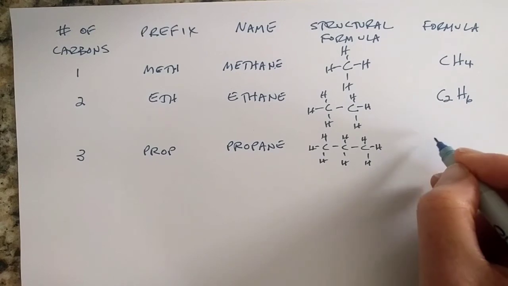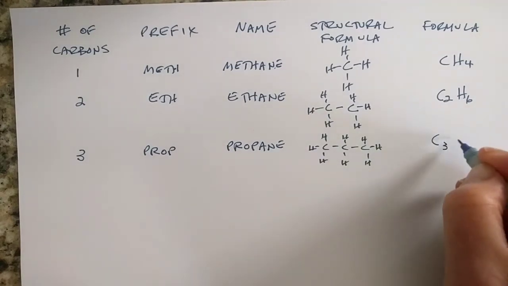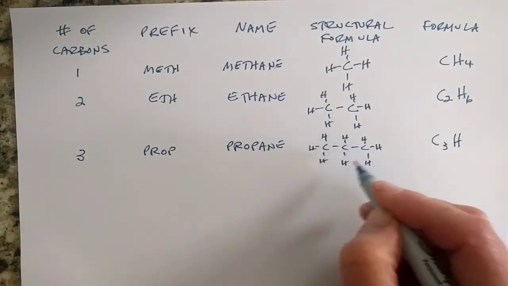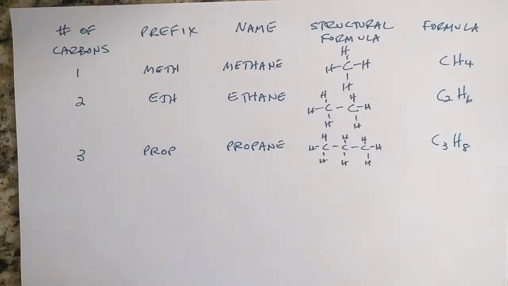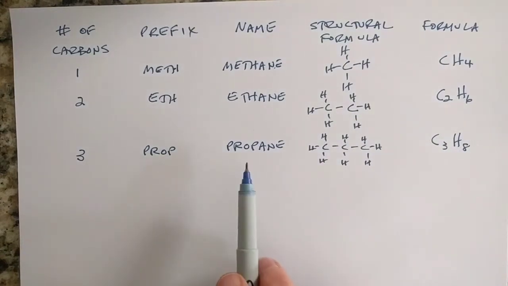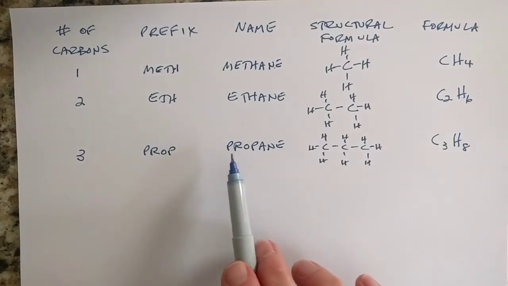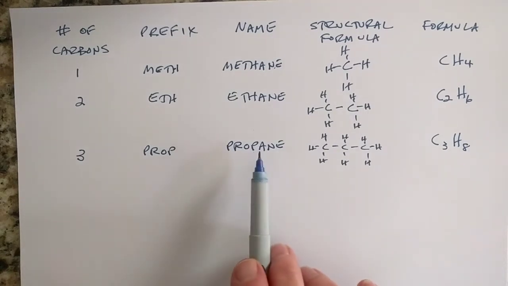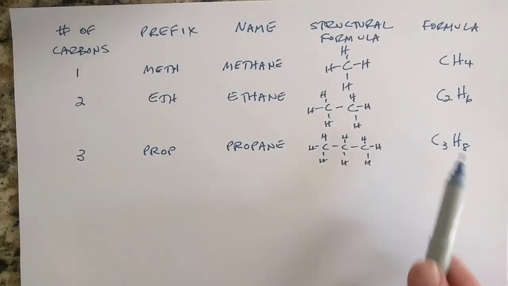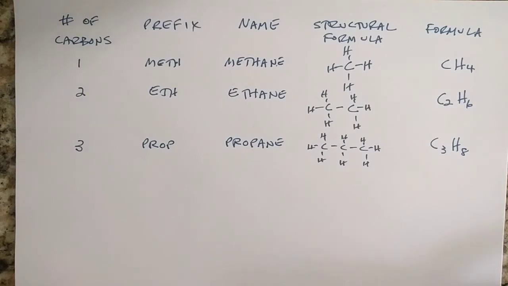And so our formula is C3H8. So propane, if you have a gas grill and you have a tank with that grill, this is what's in that tank. It's a propane tank for propane gas that has this hydrocarbon that you use to light the fire and cook your food.